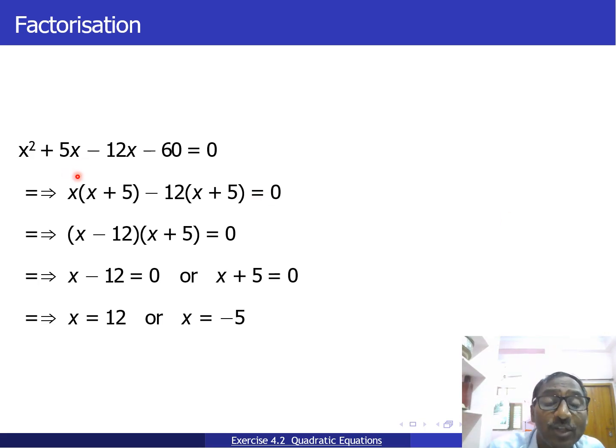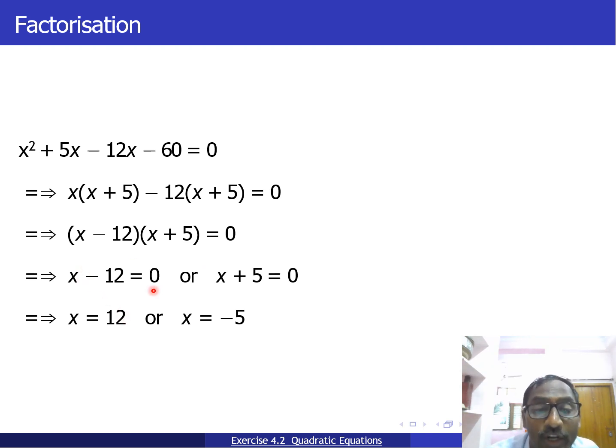So x square plus 5x minus 12x minus 60 equal to 0. This implies x times x plus 5 minus 12 times x plus 5 equal to 0. This implies x minus 12 times x plus 5 equal to 0.